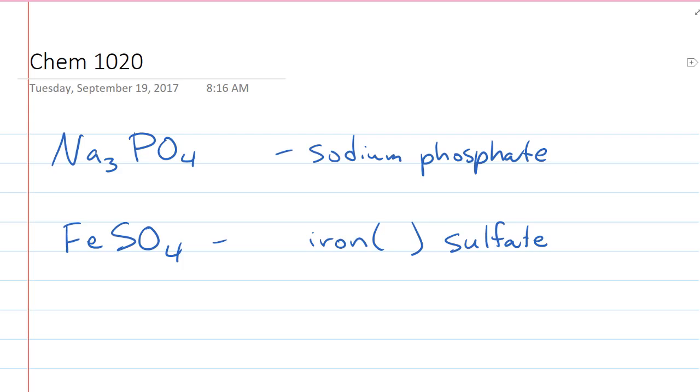We kind of need to work backwards. In this one here, sulfate, you should have memorized is the formula of SO4 with the charge of 2 negative. So what must have the charge been on the iron in this formula? 2 positive. It must have been 2 positive because we see that there's one of each of these.